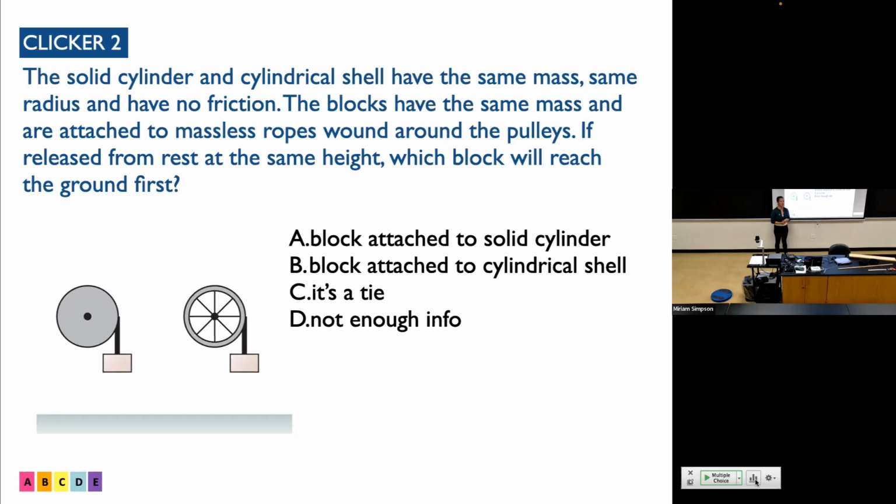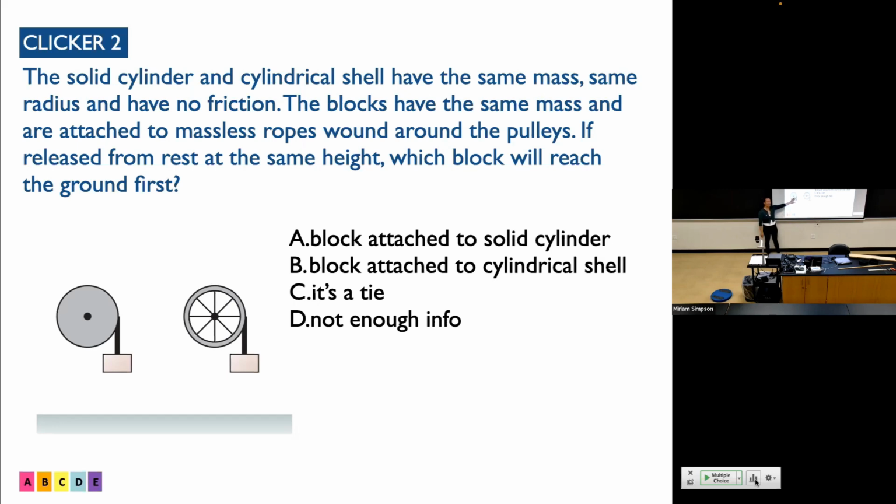So which one has a bigger moment of inertia? This one should have the bigger moment of inertia. Okay, so same torque, larger moment of inertia. What's going on with the acceleration? Less acceleration. That means it speeds up slowly. This one has a smaller moment of inertia, which means bigger acceleration.